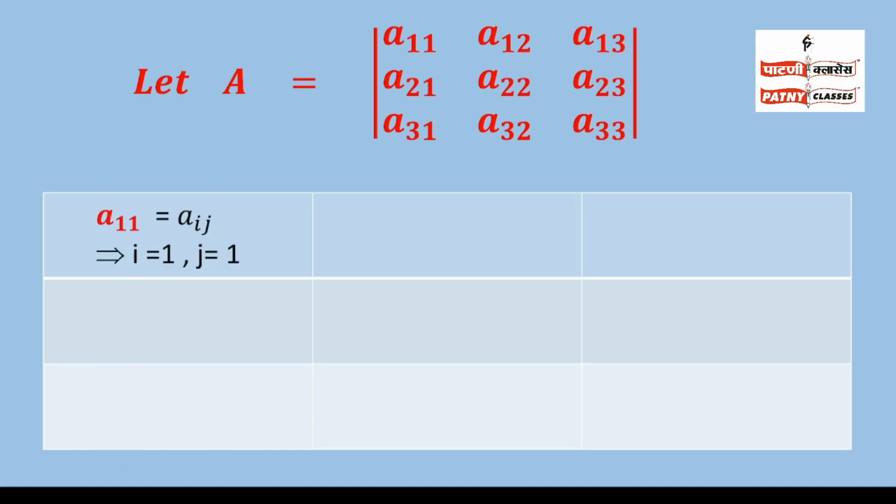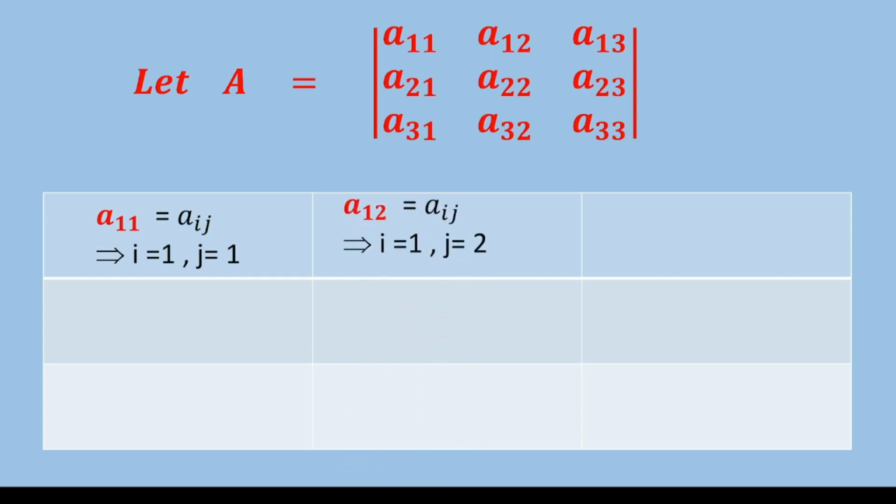If the element is A11, then i equals 1 and j equals 1. If the element is A12, then i equals 1 and j equals 2. Similarly, for A13, i equals 1 and j equals 3. Similarly, the i value and j value for other elements can be written as shown below.